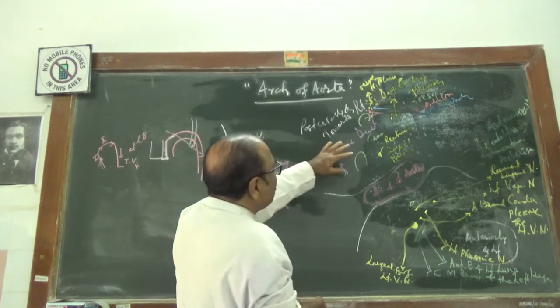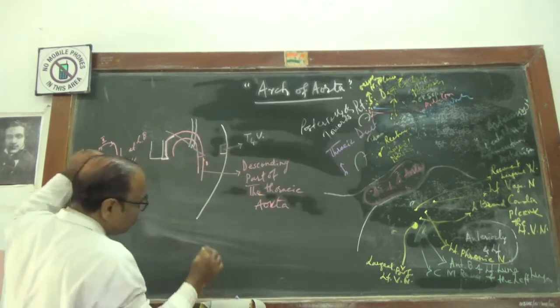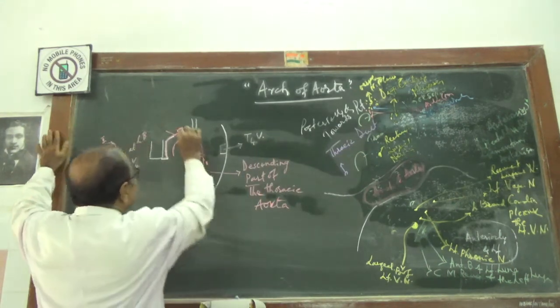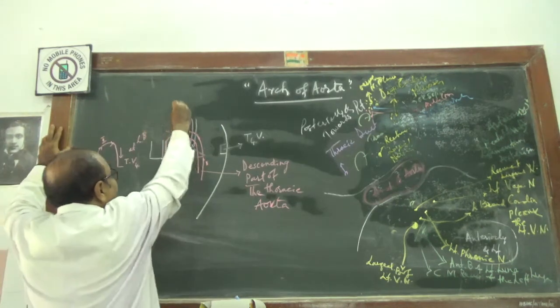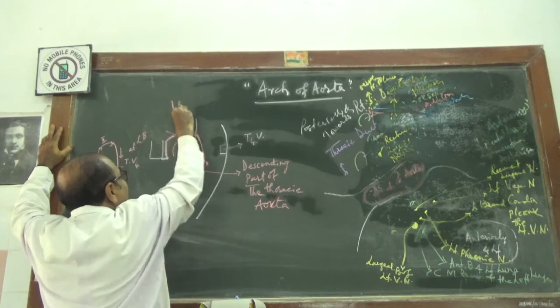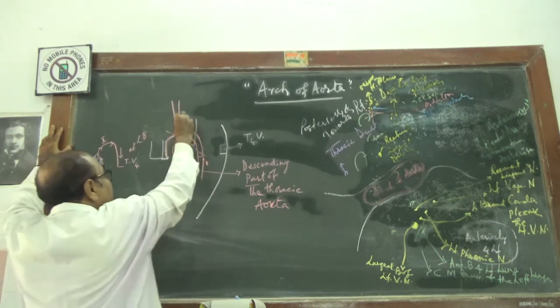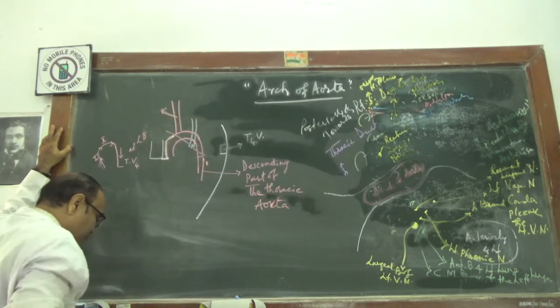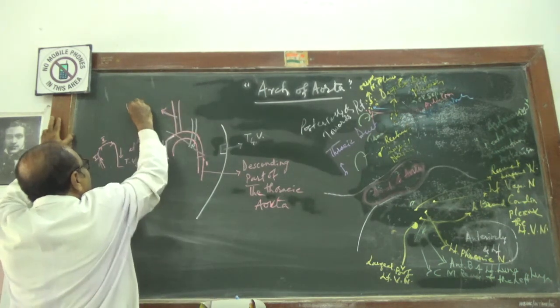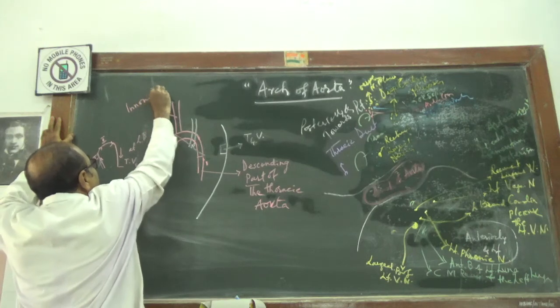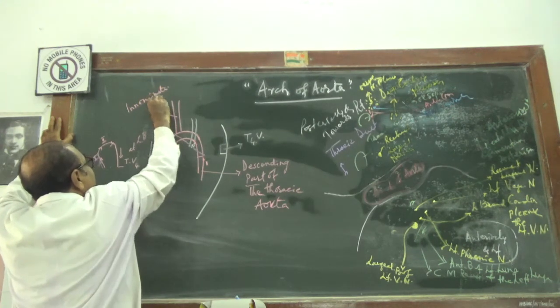Now it will not stop here. Now you will get the things about this arch of aorta. Above, you will have these branches. This branch is said to be the innominate artery.